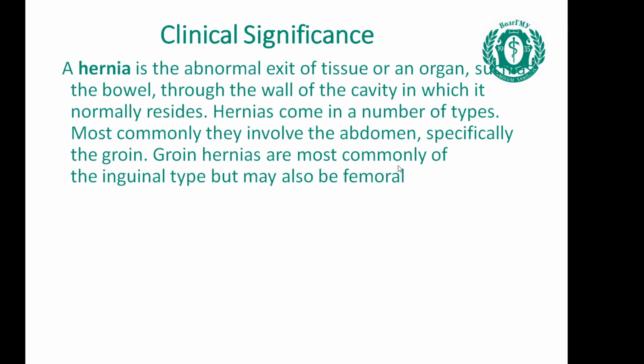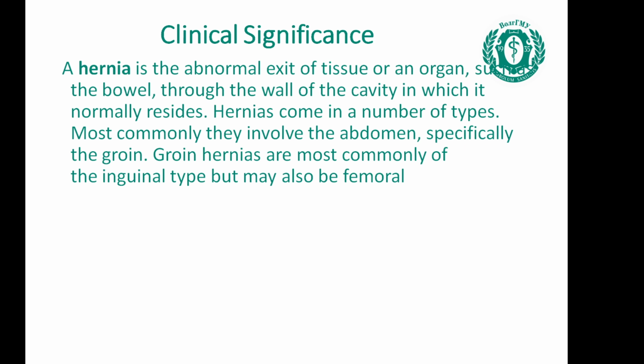A hernia is the abnormal exit of tissue or an organ, such as the bowel, through the wall of the cavity in which it normally resides. Hernias come in a number of types.